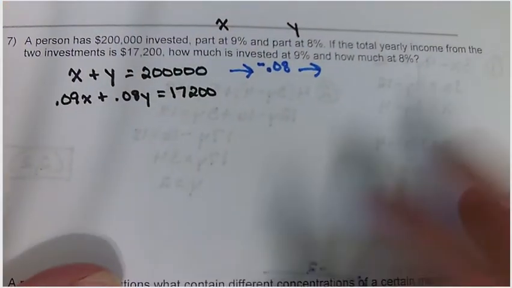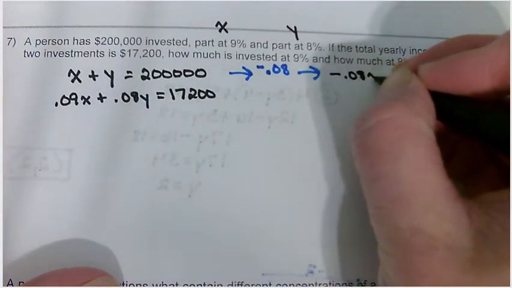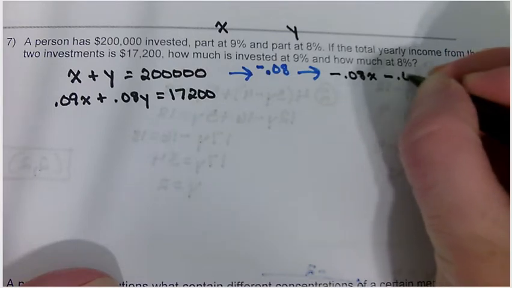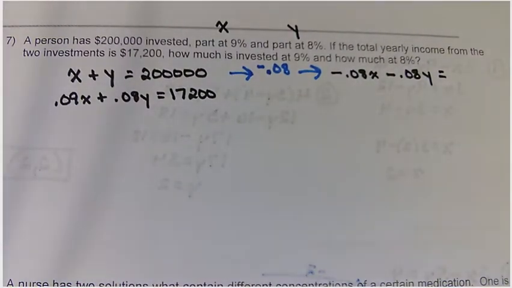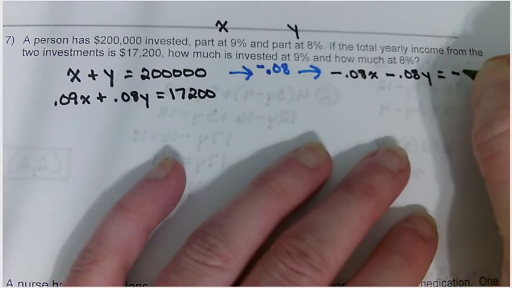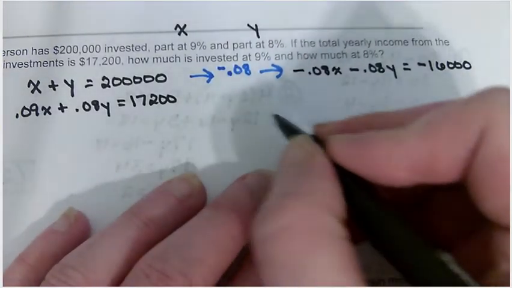All right, so the first one would be negative 0.08x, negative 0.08y equals, times 0.08 gives me negative 16,000. Now let's bring the other one over.